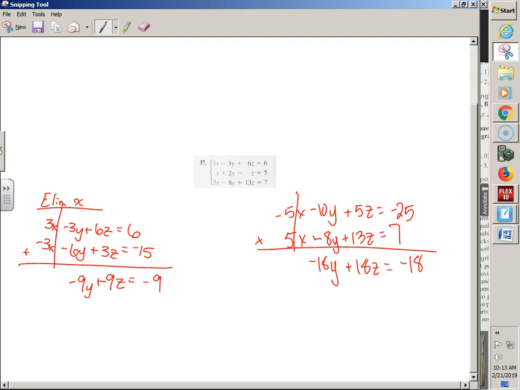In my mind, I'm thinking of dividing because these all have a 9 and those all have an 18. Now you could just take them down to the next step of eliminating y, which I'm actually going to do up here for sake of space. But if I was thinking of my row echelon form and building it, I would probably be lazy and steal this one: x plus 2y minus z equals 5, because it already has a 1 next to the x. But you could technically use any of them.